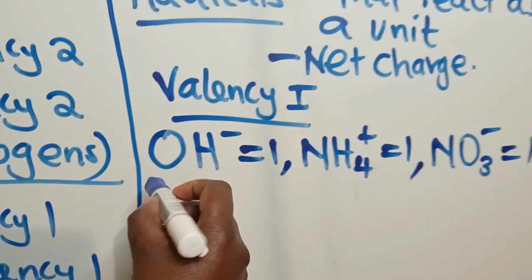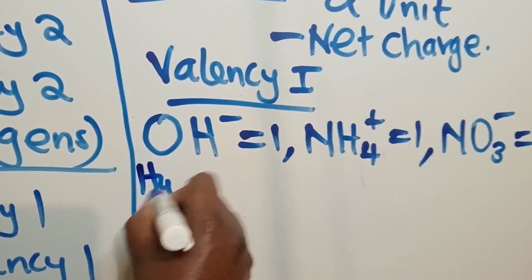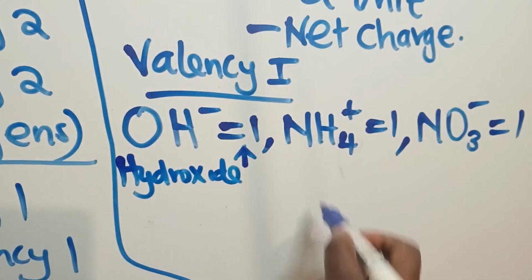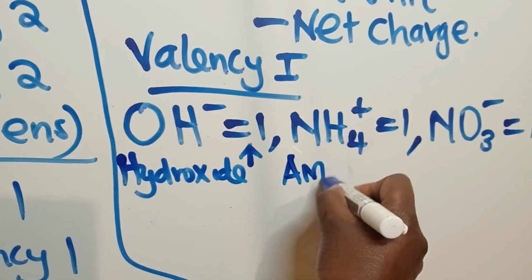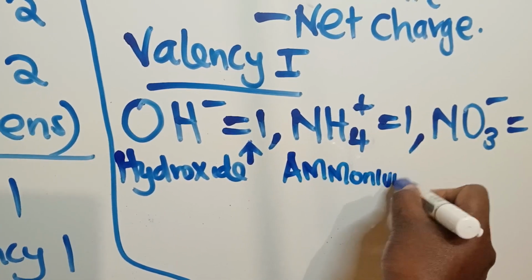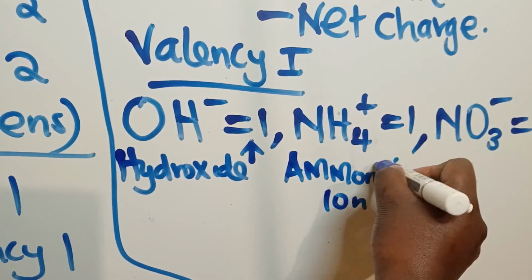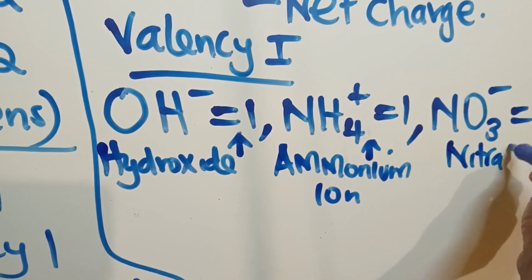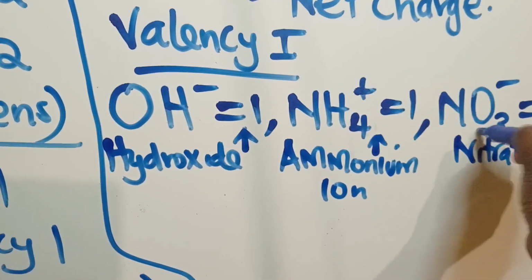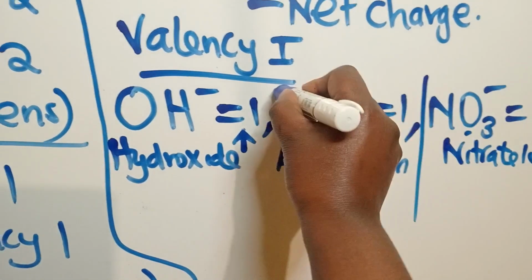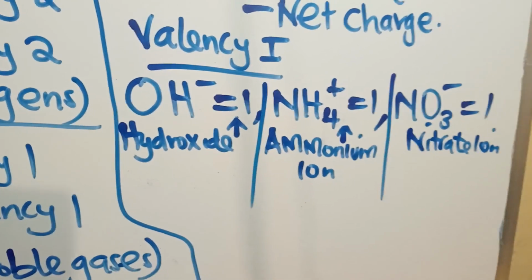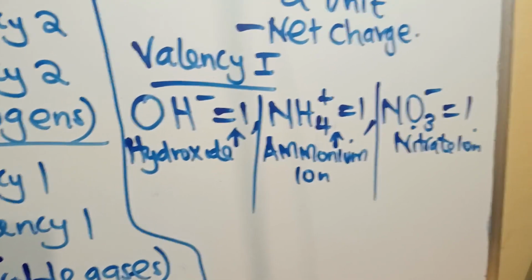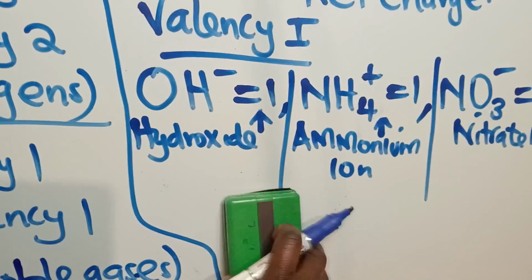This is the hydroxyl ion or the hydroxide ion. This one is the ammonium ion. This one is the nitrate ion. So each one of them has a valency of 1. You just look at the charge and then you determine the valency.